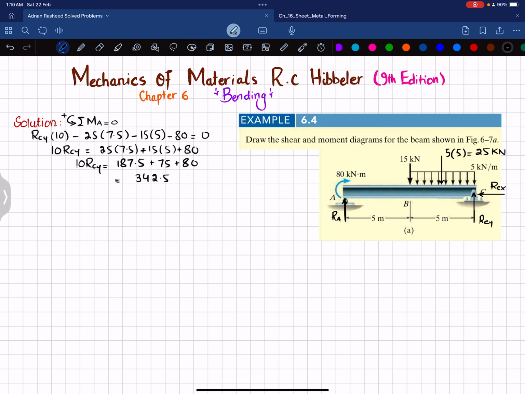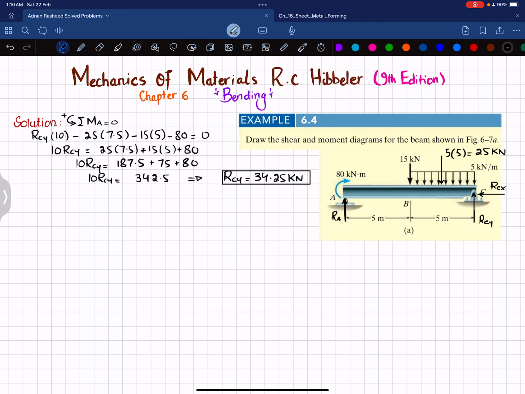So then it will give you 342.5, that is 10 RCY. So from here, what you get is that RCY will be equal to 342.5 divided by 10, and that will give you 34.25 kilonewton. Okay, so we have this.